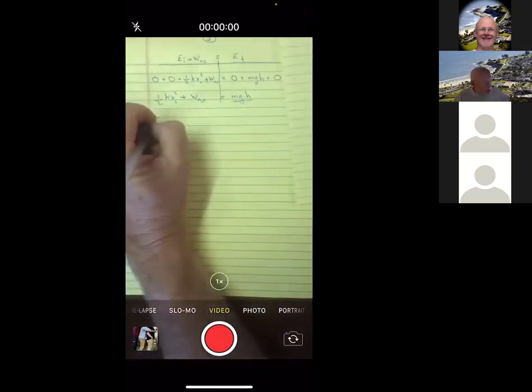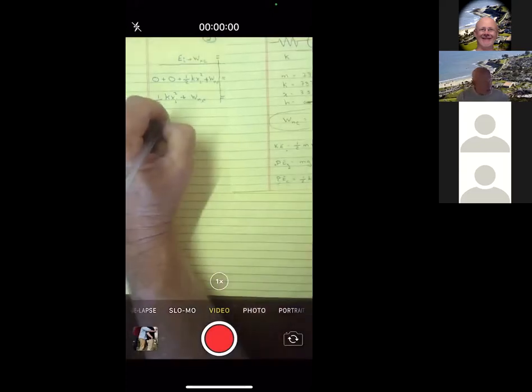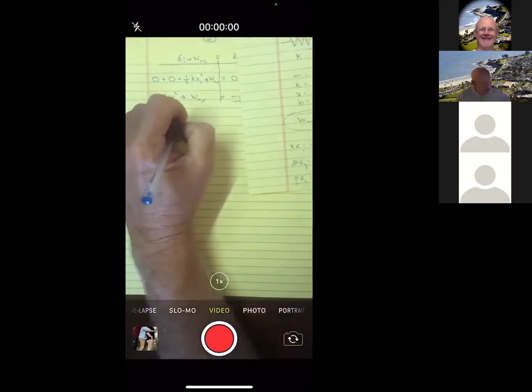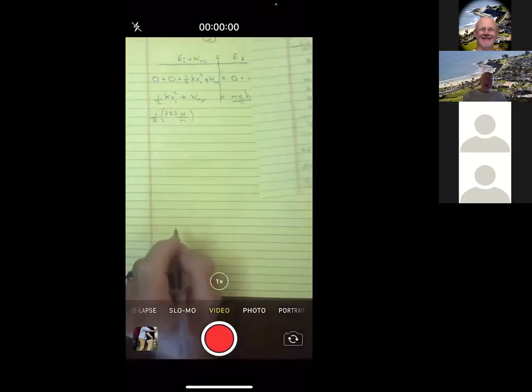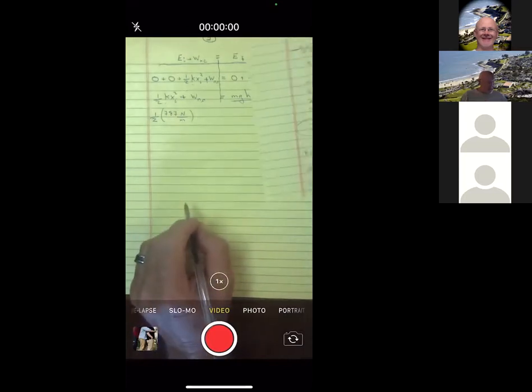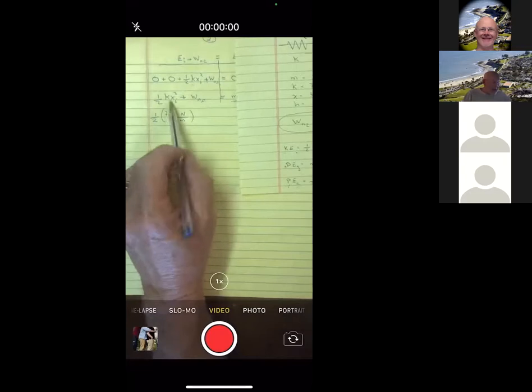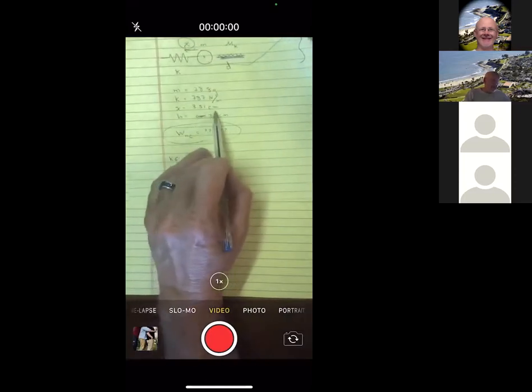So if I put in a 1/2, and so here's our K, where was our K? 787 newtons per meter. Now let me pause right here because I know, Lisette, you had asked me about, you were having troubles with units. And here's a good example of that, because I have the K in newtons per meter, but then I'm going to multiply by an X, and the X is in centimeters.